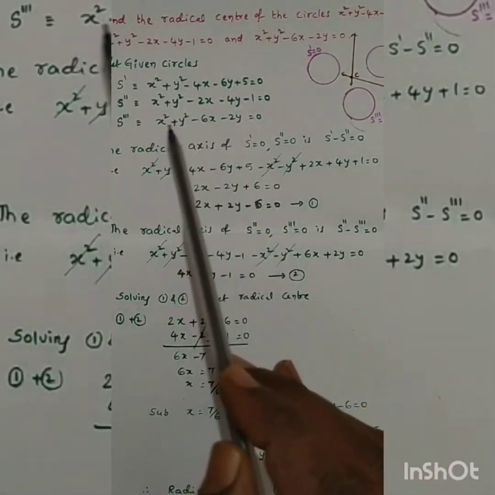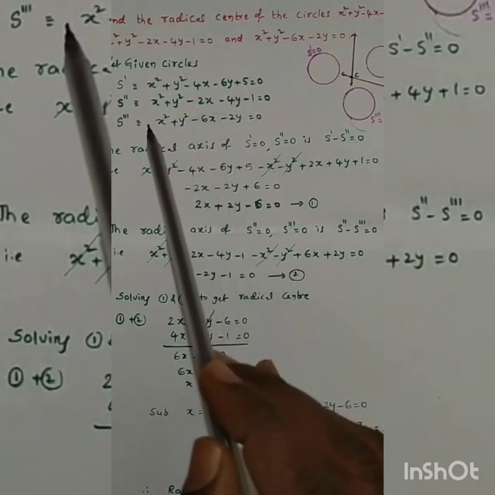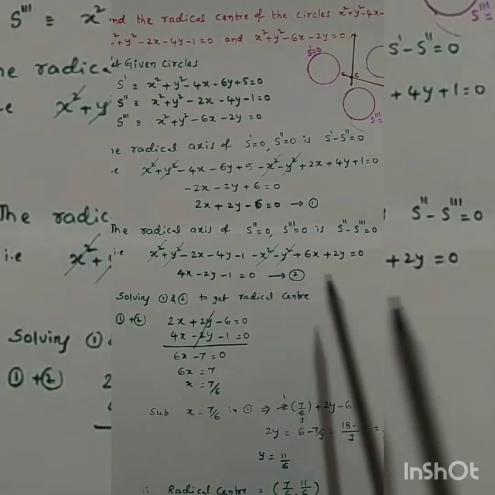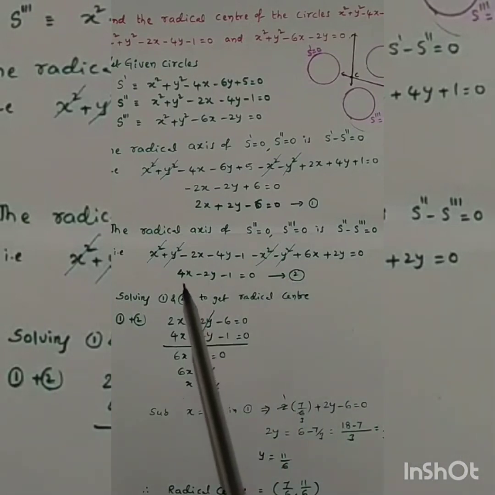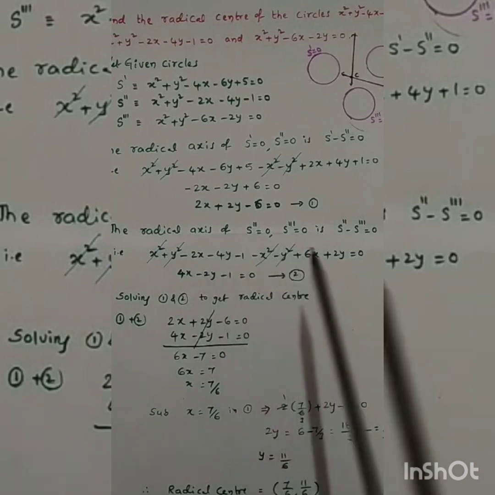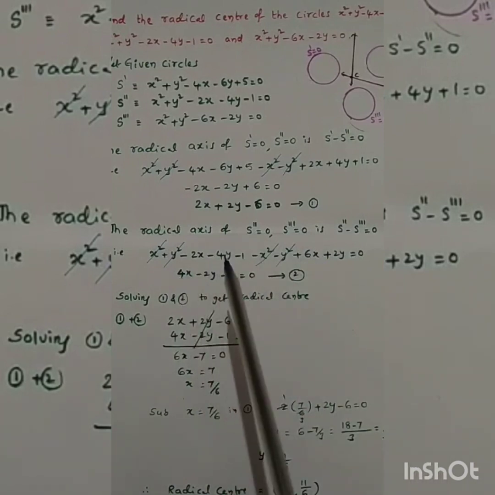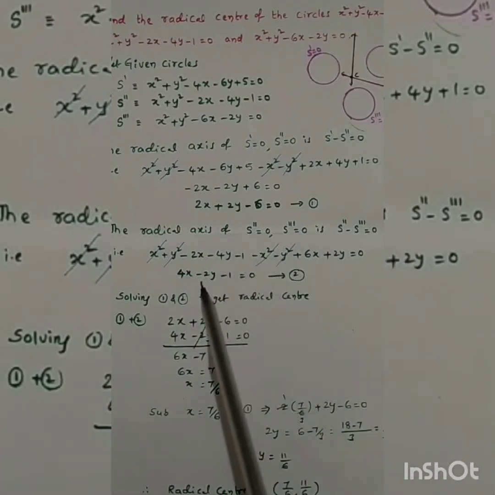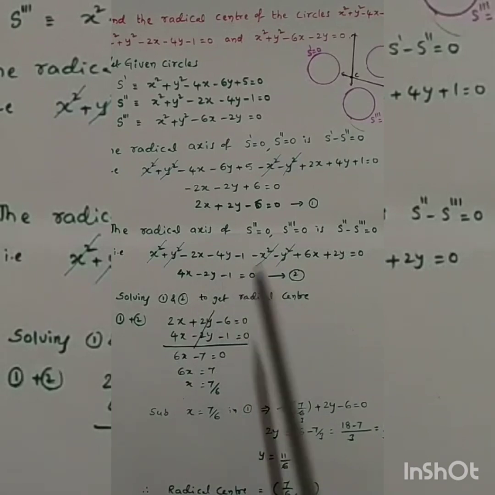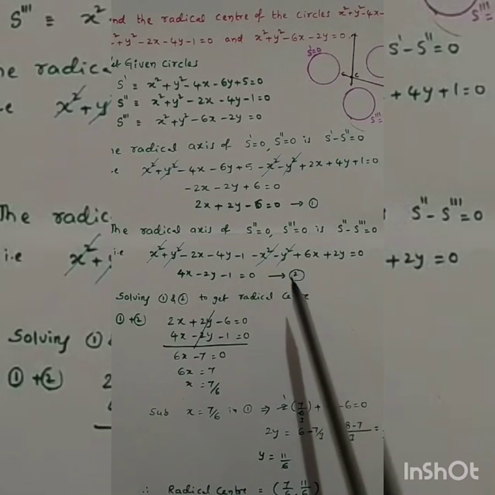If you multiply with the minus, the signs will change: minus x square minus y square plus 6x plus 2y, that I wrote here. And now x square and y square terms are cancelled. Minus 2x plus 6x means plus 4x, minus 4y plus 2y means minus 2y, minus 1, only one constant is there as it is, equal to 0. So let it be equation 2.